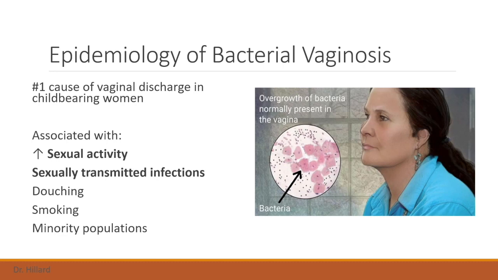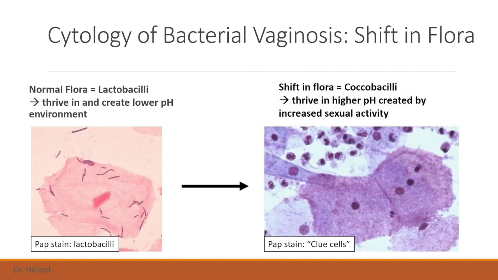Bacterial vaginosis is seen most prominently in minority populations, especially African American and Mexican American populations. Although this is the case, it is unclear if this association is due to behavioral, genetic, or other factors. Now, the normal vaginal flora consists predominantly of lactobacilli, which can be seen here associated with this squamous cell.